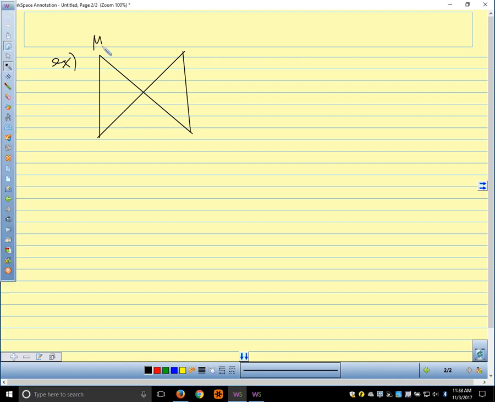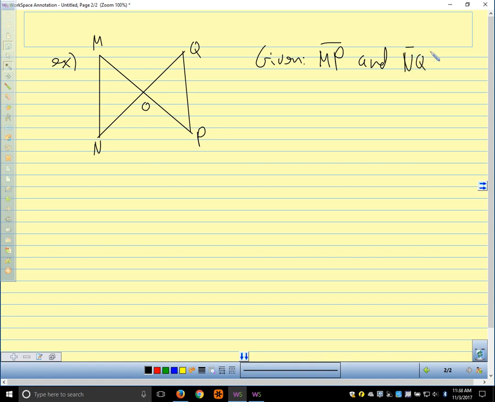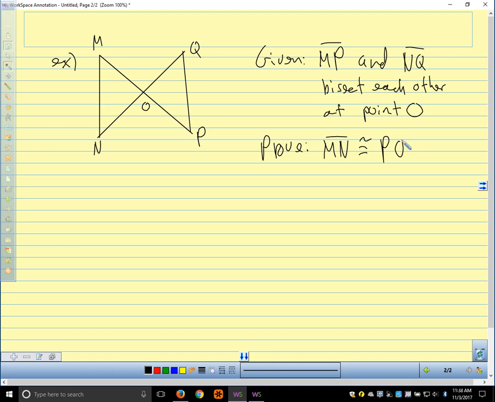And we'll label this M, Q, P, O, and N. And we're going to be given that segment MP and segment NQ bisect each other at point O. We want to prove that segment MN is congruent to segment PQ.